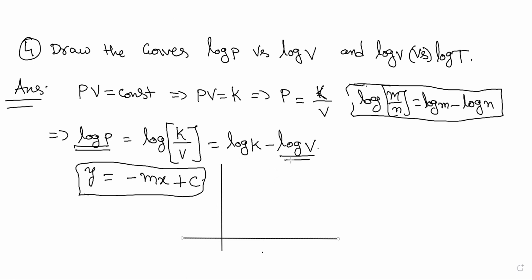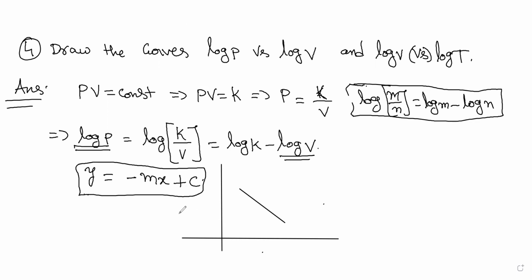Now this is a curve with negative slope. So it comes like this. Okay, I don't know why it's not coming. It turns out to be something like this. So here we go.